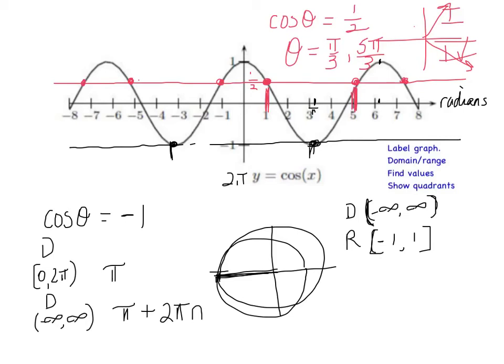But that's only over the domain 0 to 2 pi. If I do them all, then I would have to write them as I did down here with the pi plus 2 pi n. And I would have to do that for both of them, because this is pi over 3, pi over 3 plus 2 pi, plus 2 pi, and it never ends up here. So this is 5 pi over 3 plus 2 pi plus 2 pi.